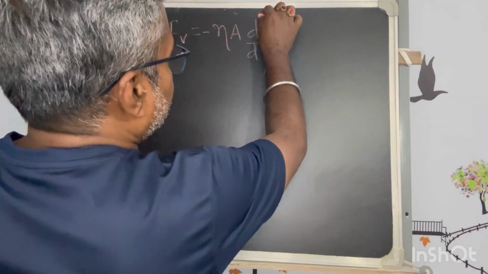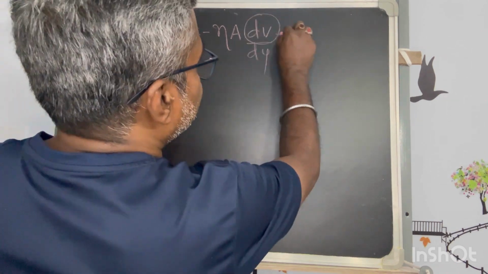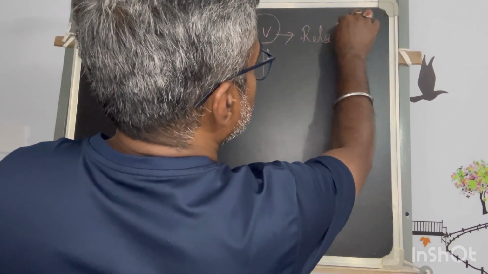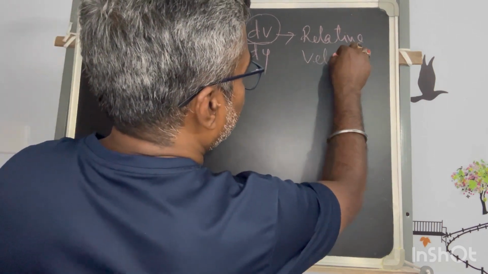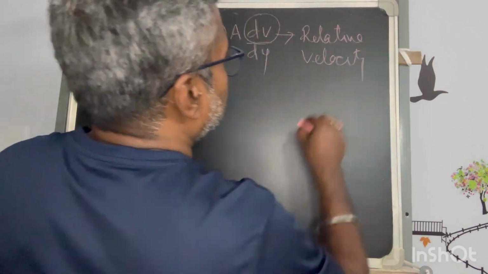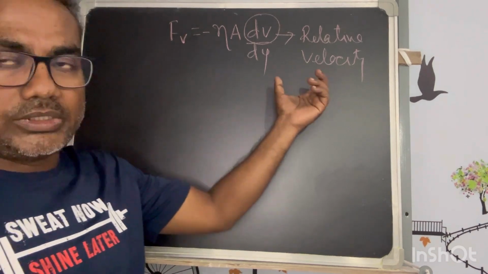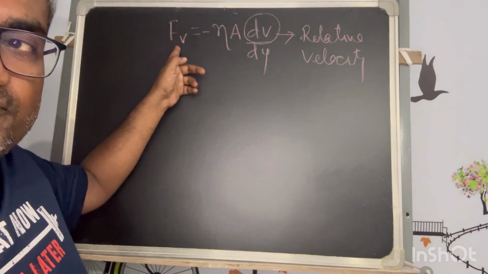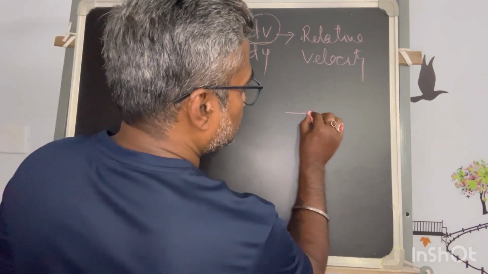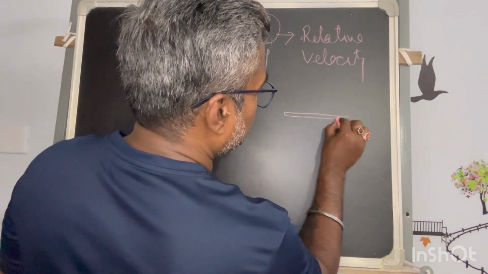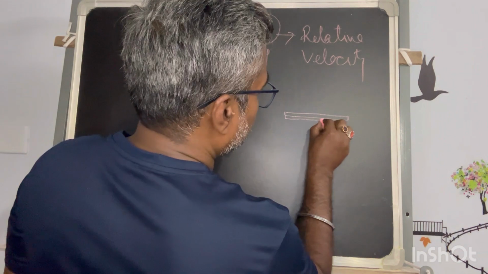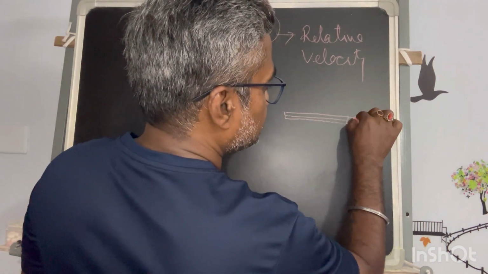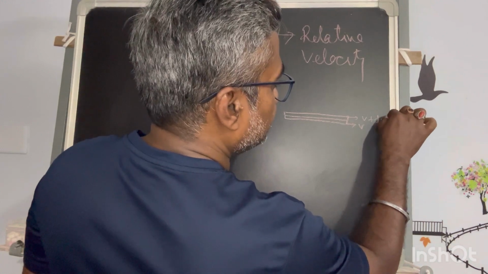So actually, what is this? This is the relative velocity, and there I want to emphasize something. This is the relative velocity between the layers between which the viscous force is acting. Now, if we talk about only these two layers which are in relative motion, this is moving with V and this is moving with V plus dV.